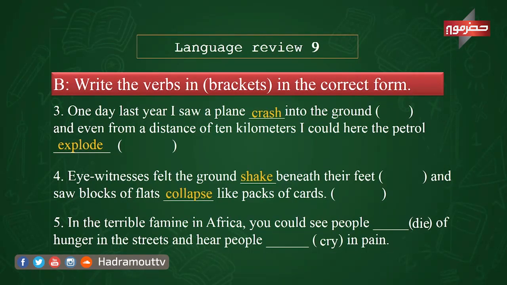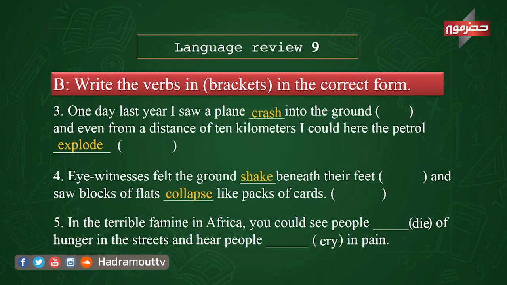In the terrible famine in Africa, you could see people die of hunger in the streets and hear people cry in pain. Now, die or dying, cry or crying. Think carefully.